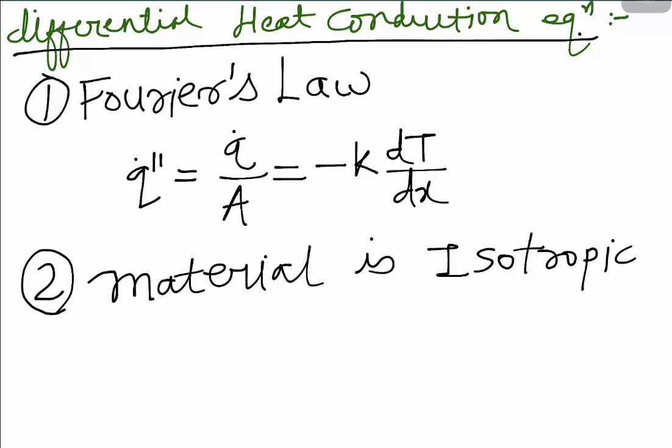By an isotropic material, we mean here a material in which thermal conductivity at any point is the same for all direction of heat flux. However, the conductivity may vary from point to point in the material.